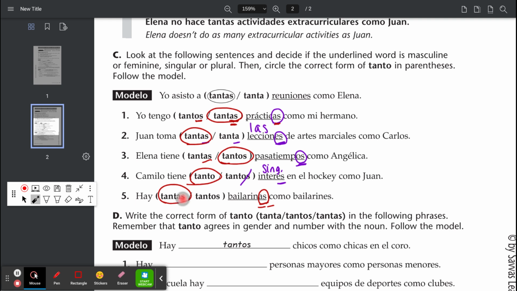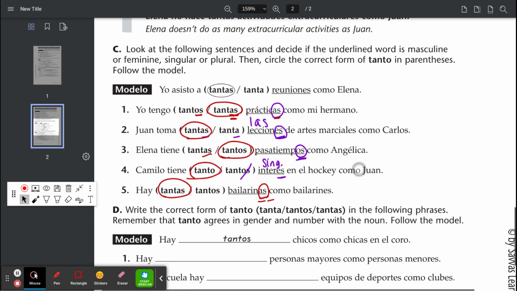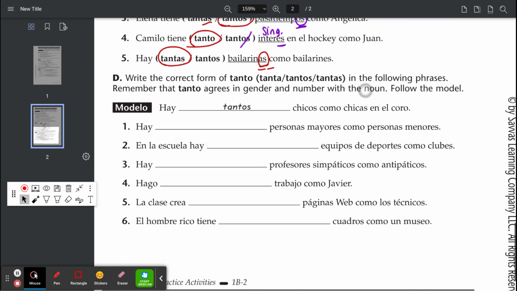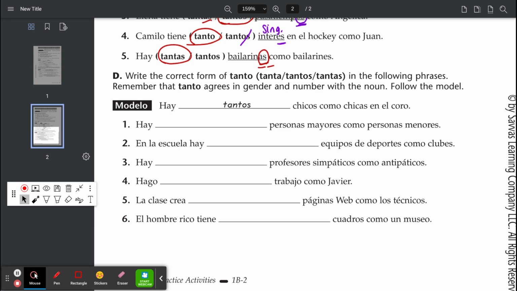But in this case, we would use tantas. All right, so moving on to the last section, section D. Write the correct form of tanto, tanta, tantos or tantas in the following phrases. So now we're just going to fill in the blank with one of these 4.